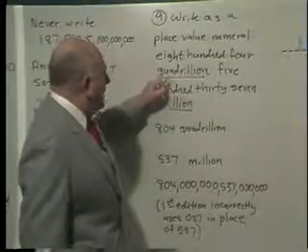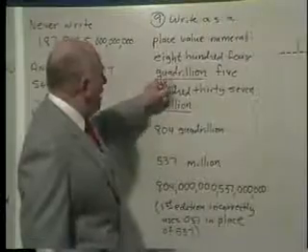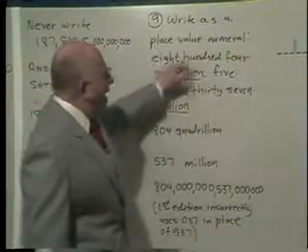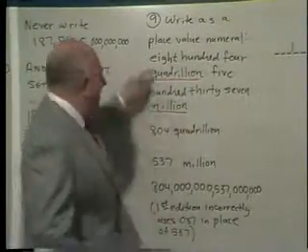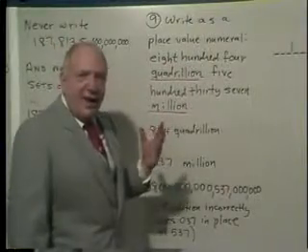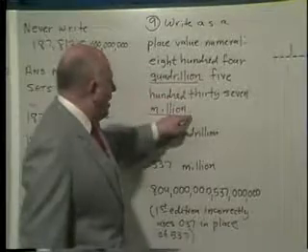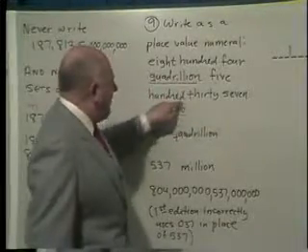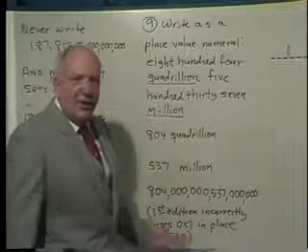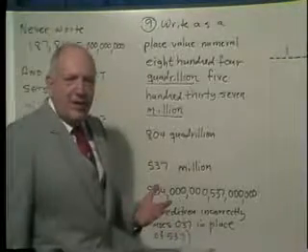So I go back to the beginning of the problem and I say, what modifies quadrillions? Well, 804 quadrillions. See, 804, that's a 3-digit number, so I can do that pretty easily. What modifies million? 537. Well, 537, that's an easy 3-digit number.